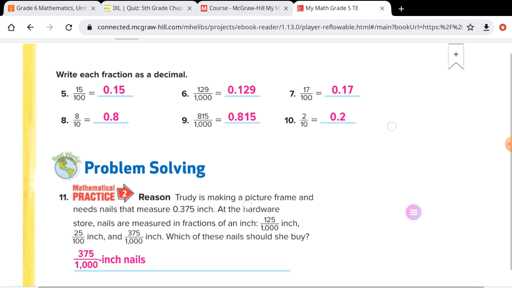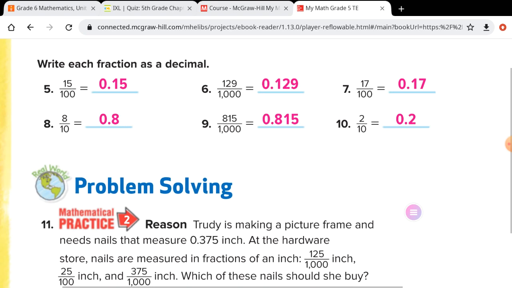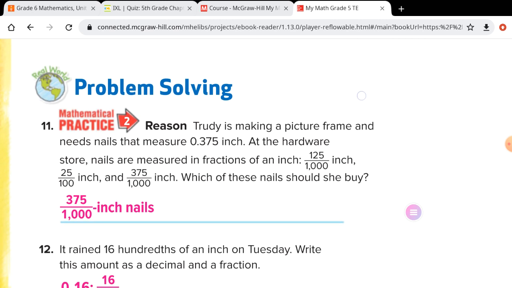There's the decimals up at the top. Questions over any of those? Nope. Okay.